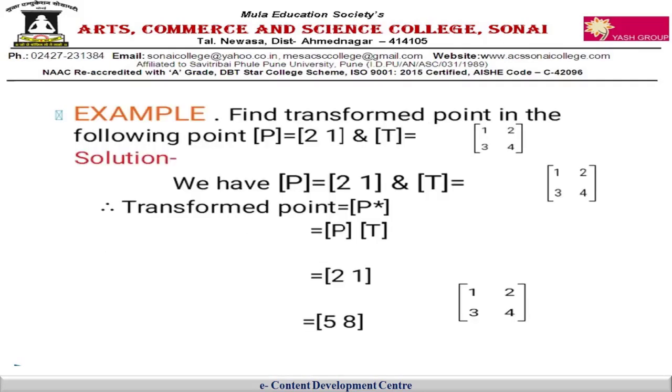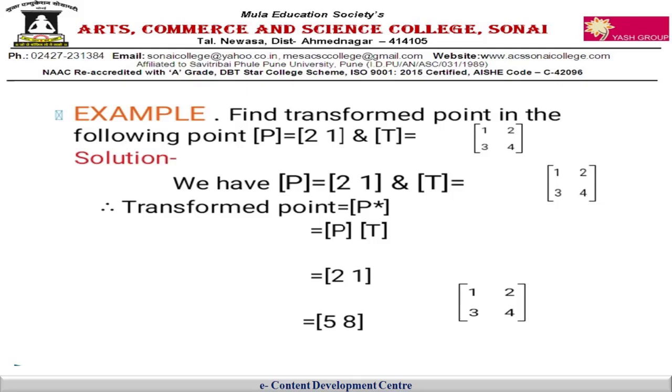Let us see the example. First example: find the transformed point for the following. P is equal to (2, 1) and the transformation matrix T is equal to the matrix with rows [1 2] and [3 4]. Solution: we are given the point P with coordinate vector [2 1] and the transformation matrix with rows [1 2] and [3 4].